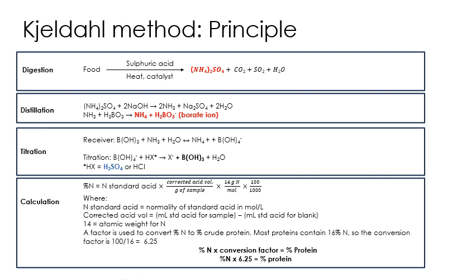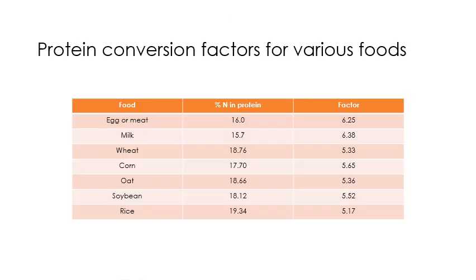So to calculate percentage of protein, you multiply the percentage of nitrogen by the conversion factor. Bear in mind, although we use 6.25 as the standard conversion factor, some proteins may have different conversion factors. For example, rice has a higher percentage of nitrogen compared to egg and meat.